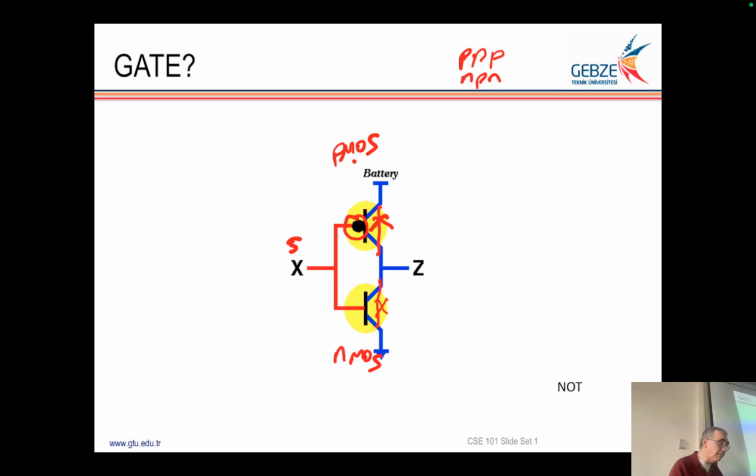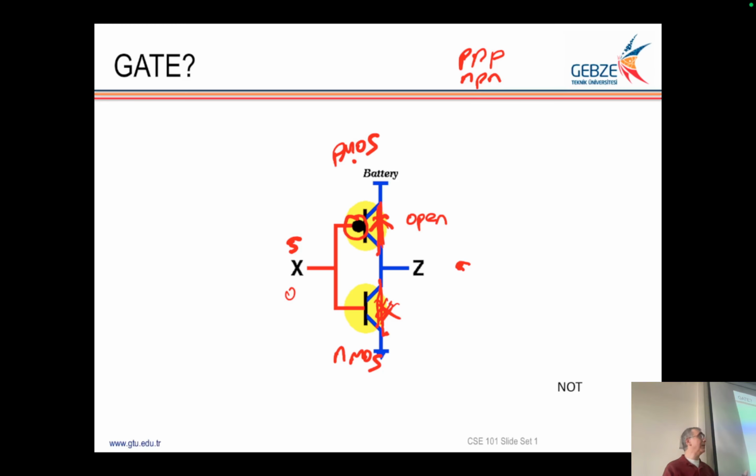So combined with 2, if I give 5 volts, this becomes open, this becomes closed. So output becomes 0. No current because this is open. If I give 0 volts, this becomes connected, this becomes disconnected. No current, but output is 5 volts.